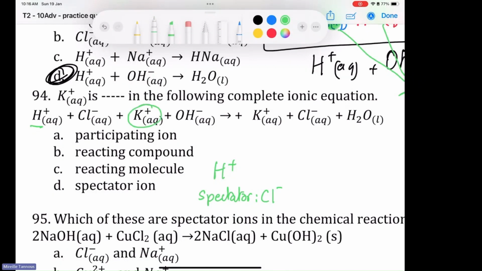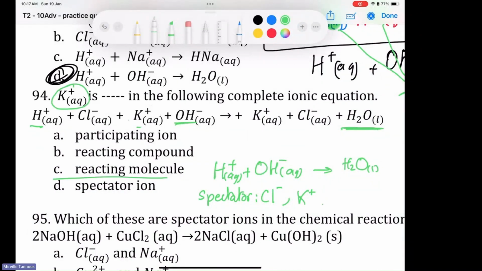K plus, I still see it. K plus is a spectator ion. Still there. OH minus, there is no more OH minus, meaning OH minus is playing a role in the net ionic equation to give H2O liquid. Okay? So they are asking about K plus. It's a spectator ion.